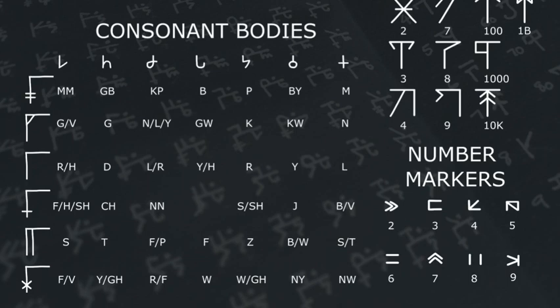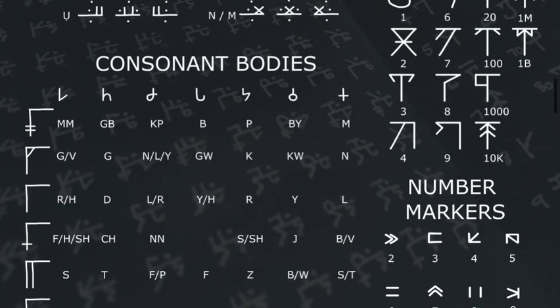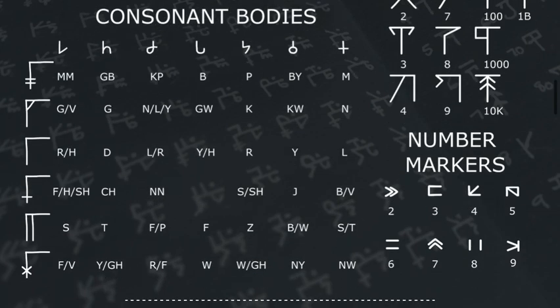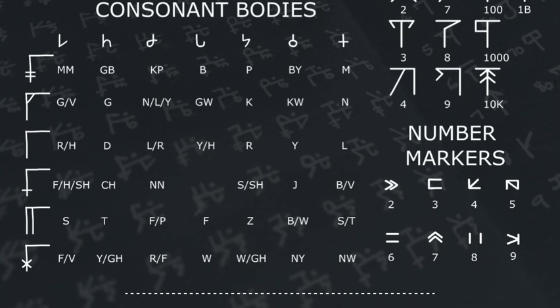And so that means that instead of writing uno with the character for the plain N, you want to do that with the character for N/L/Y, because sometimes this word is pronounced uno or ulo, or even in some dialects is pronounced uyo. So that character is the second row. It is the slant body and the loop radical.